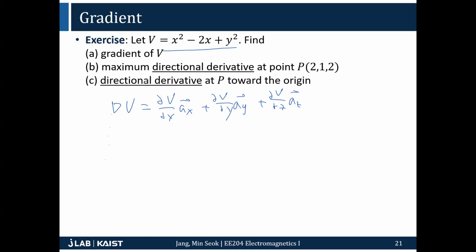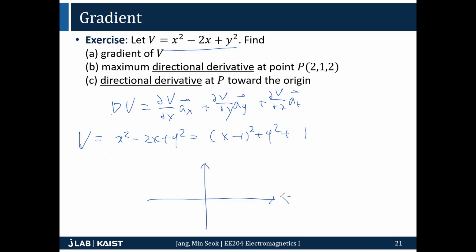But if I were you, I would approach this problem like this: V is x squared minus 2x plus y squared, so you can always make it into (x minus 1) squared plus y squared plus 1. Then you can immediately notice that in the xy plane, x equals 1 and y equals 0 is the minimum point.